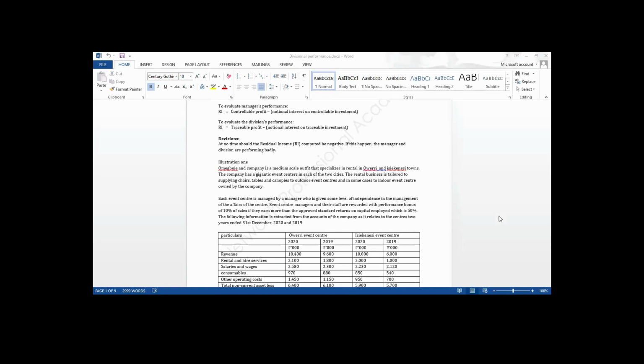Event center managers and their staff are rewarded with a performance bonus of 10% of sales if they earn more than the approved standard return on capital employed, which is 50%. Please note that the standard return that management has approved is that a division must achieve 50% return on capital employed. That is 50% return on investment.